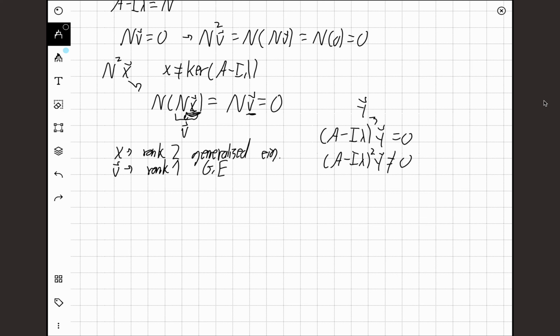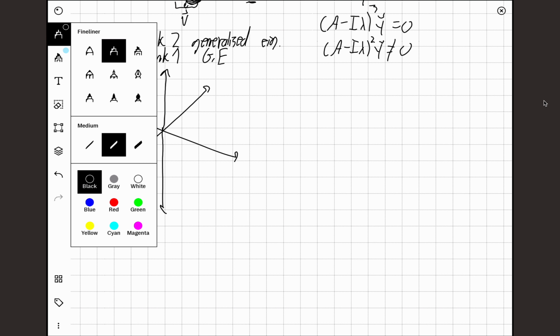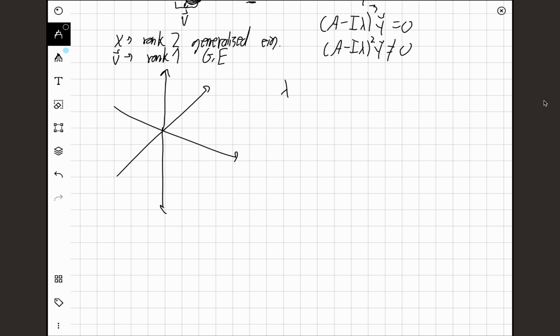And this is pretty crazy. This is wild. And now again, we can also see, let's imagine a 3x3 matrix, with its three-dimensional space. Let's say this matrix has one eigenvalue, λ1, and this eigenvalue has an algebraic multiplicity of 2, but the geometric multiplicity of λ1 equals only 1.